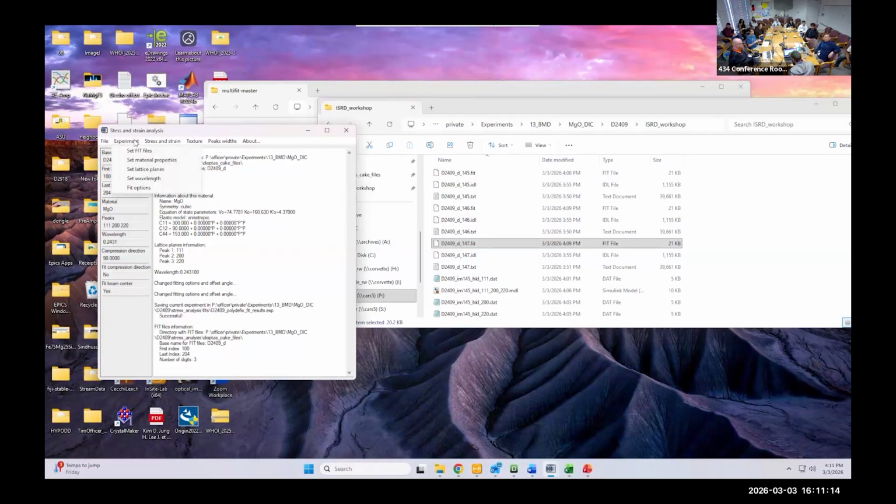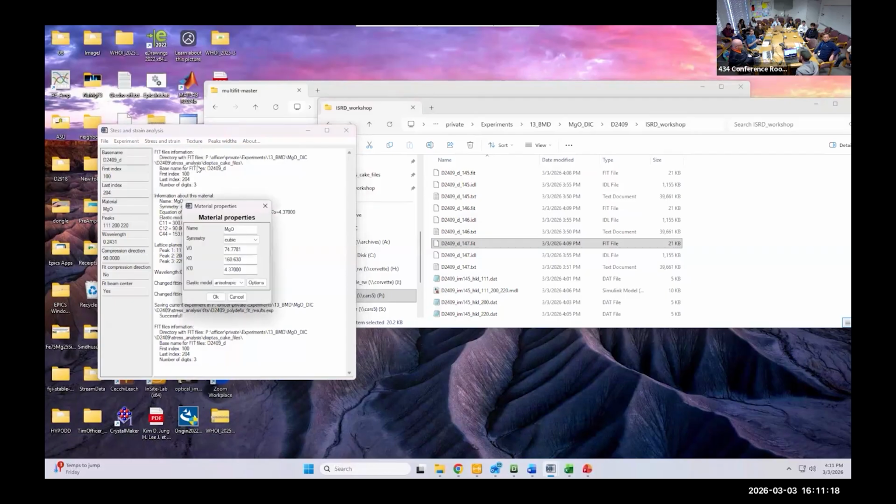And then the material properties. Here's where you put in material properties for MgO: the symmetry, the cell volume at ambient, the bulk modulus, and its derivative. You'll look that up in a paper or something; somebody has measured this.